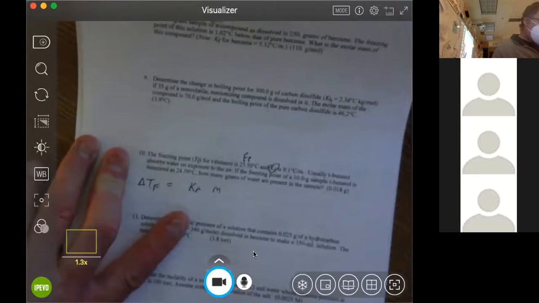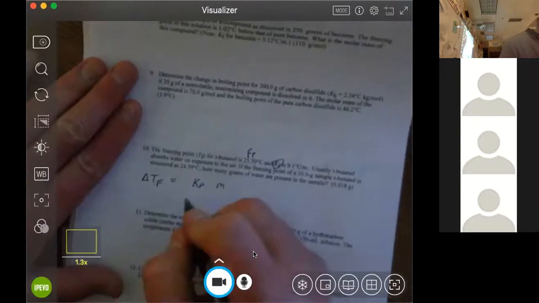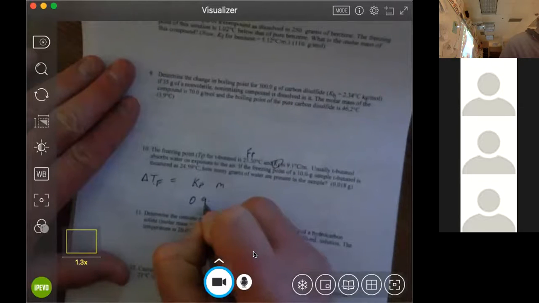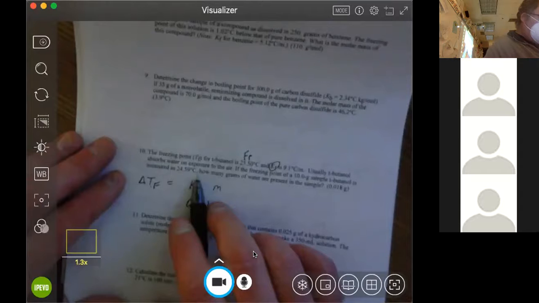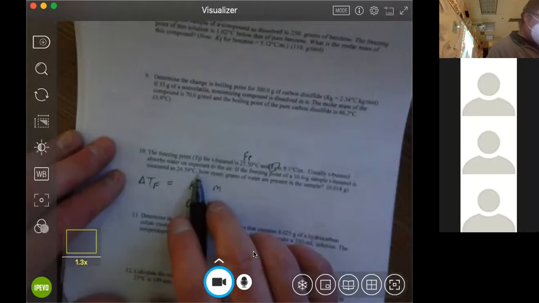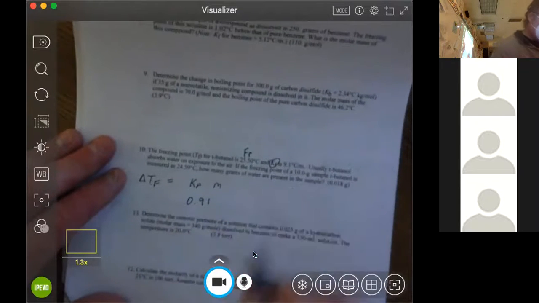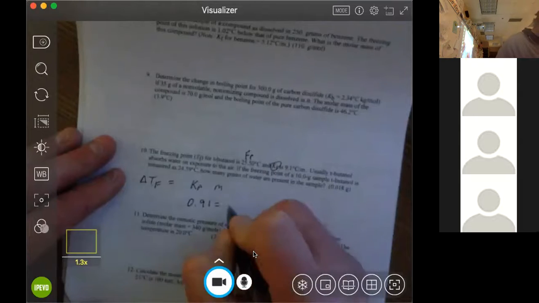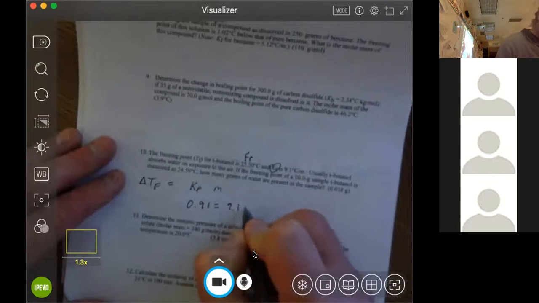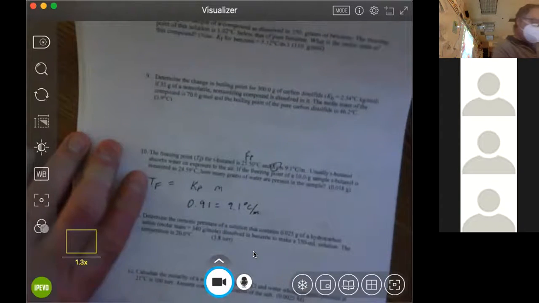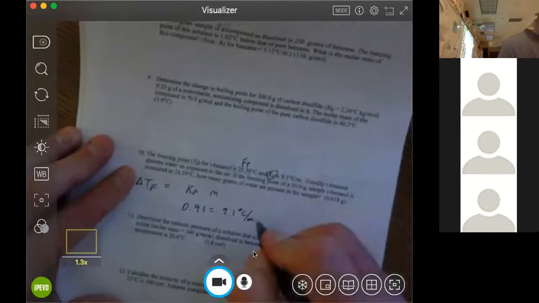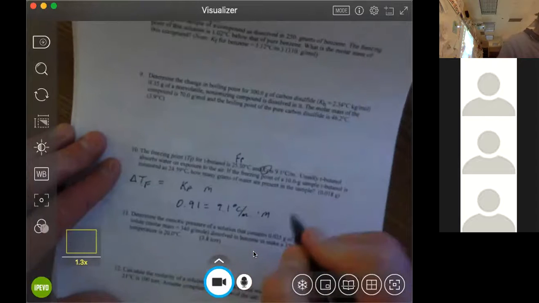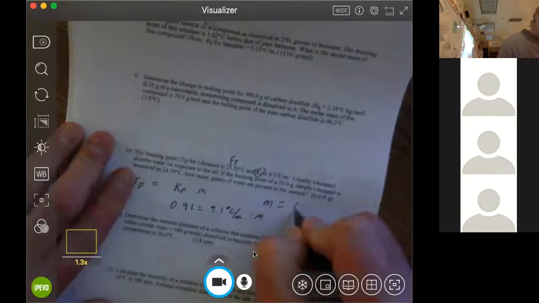The answer is 0.91. That's the change in T. And how many grams of water are in the sample? So we have that equal to Kf, which is 9.1 degrees per molal. 0.91 divided by 9.1. The answer is 0.1, times the molality. So that makes the molality equal 0.1.